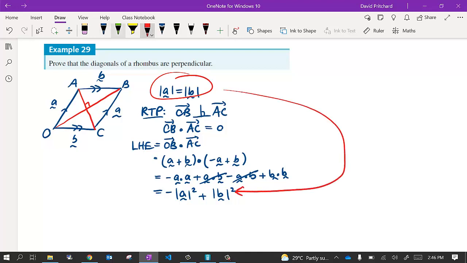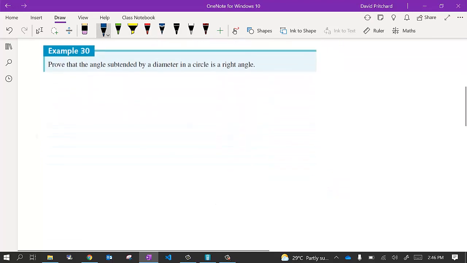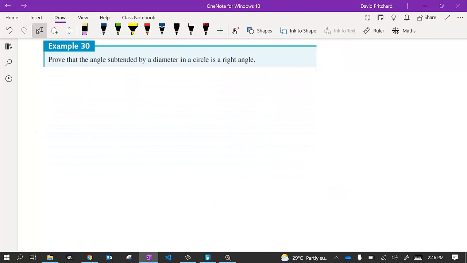So because they're equivalent, we end up with 0, which is our right-hand equation, and we can say that we're pretty happy with that. Okay, so a nice easy proof there. The setup was really important, and this statement of those extra pieces of information at the start was also very important to the solution.